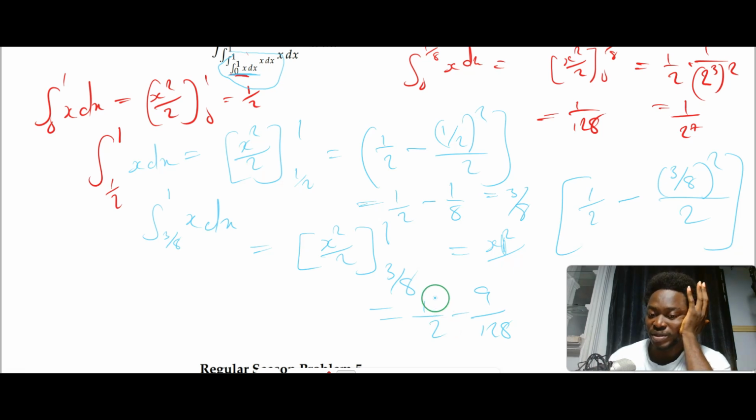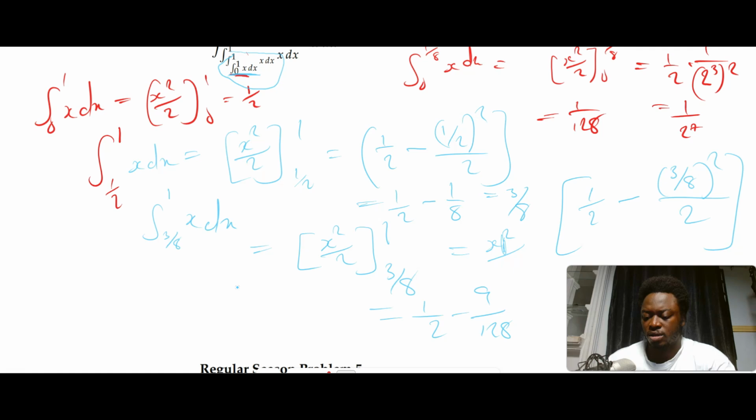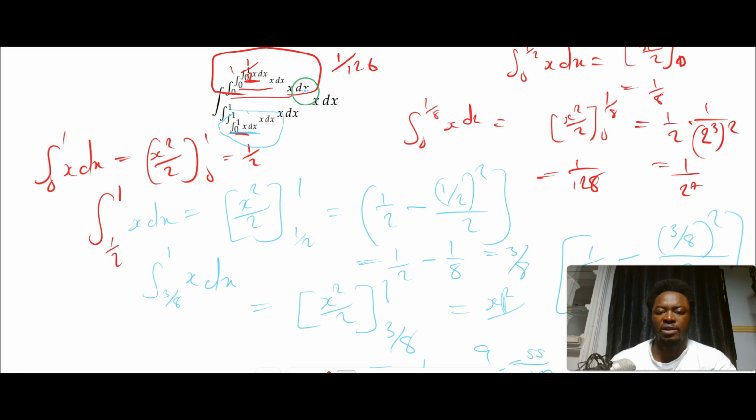Which means that 64 subtract 9 is going to be 55, right? Let me check the calculator. I'm getting 55 over 128, even with my calculator. So now we have the lower limit as 55 over 128.